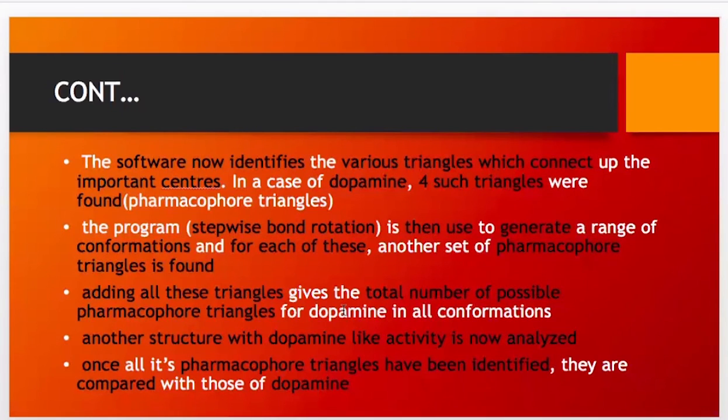Once you identify that one, you now have to compare. For that structure with similar activity, you also need to identify the pharmacophore, the possible binding centers, and make the pharmacophore triangles. After that, you compare this new structure to dopamine.